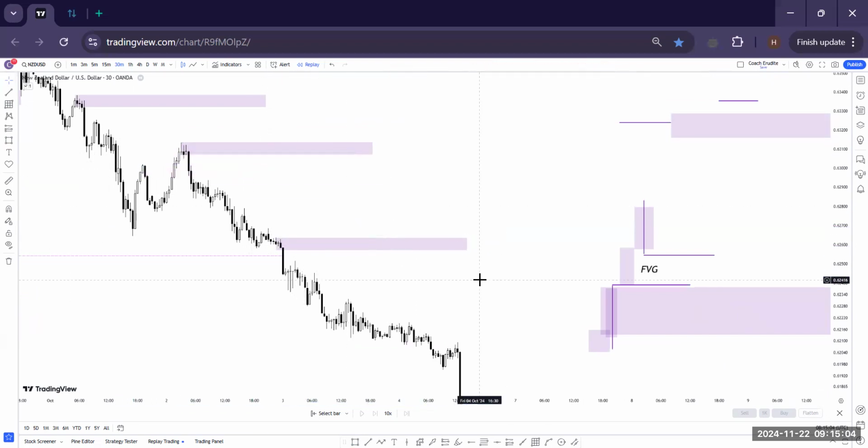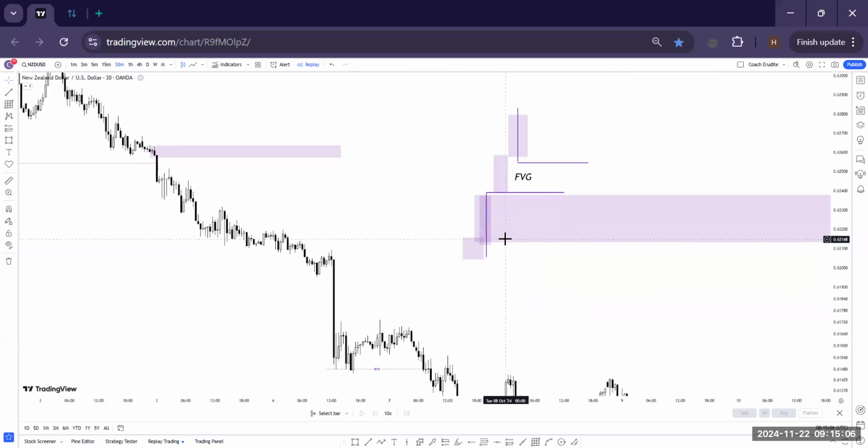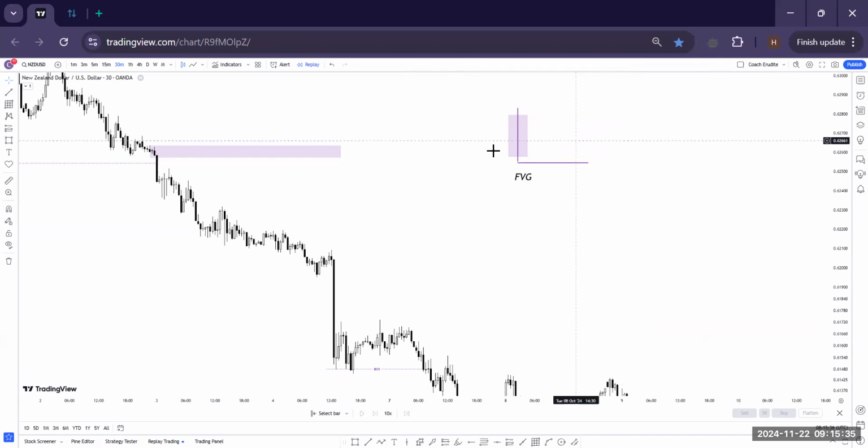Then we have one here. Then we have another order block here.